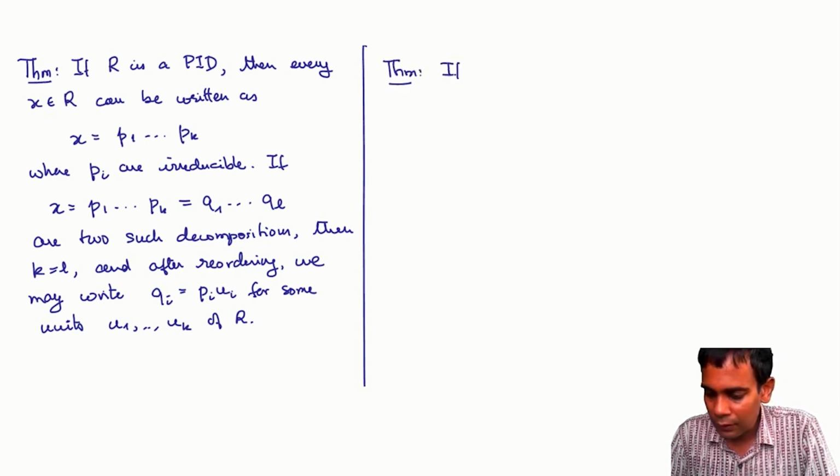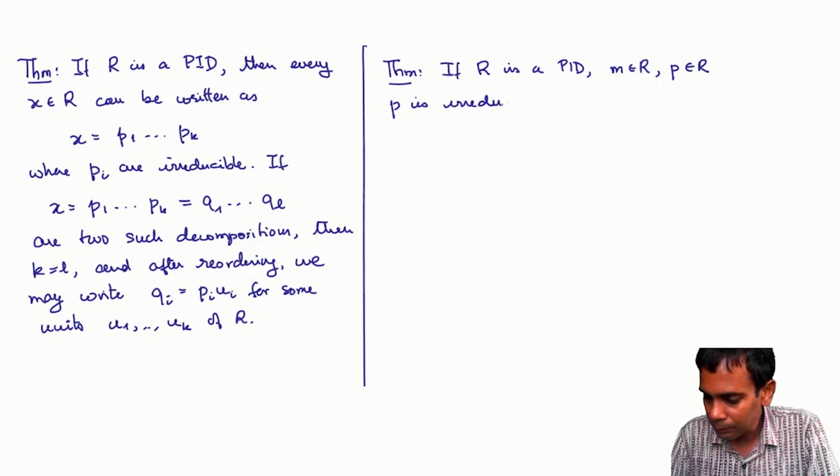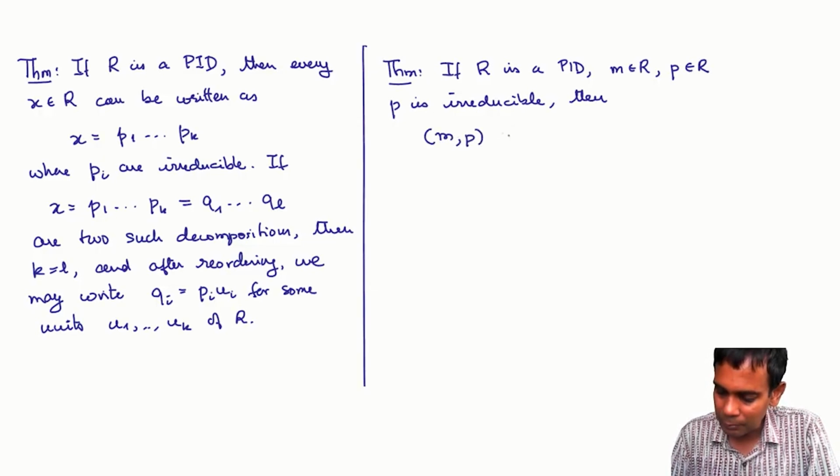If R is a PID and you have some element m in R and p in R where p is irreducible, then the ideal generated by m and p is going to be a principal ideal. The question is, what is it?